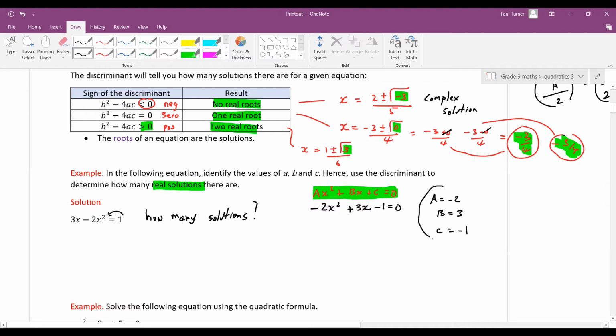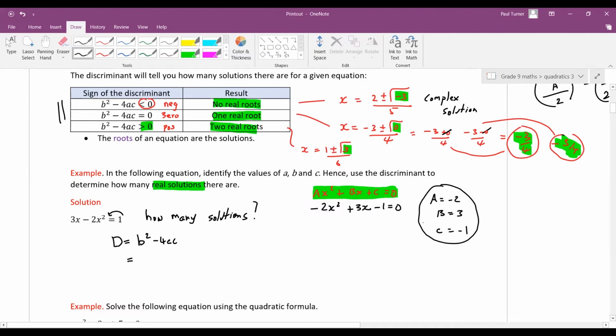These are the numbers you use, and I want you to put them in the discriminant. So write your formula for the discriminant. Let's call it D. D for discriminant is B squared minus 4AC. We want to know, is that 0, negative or positive?